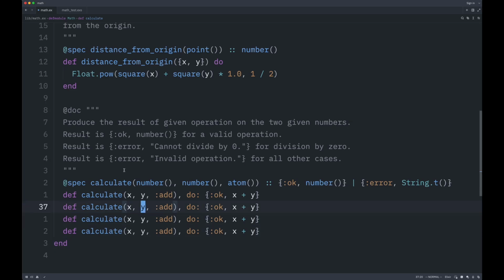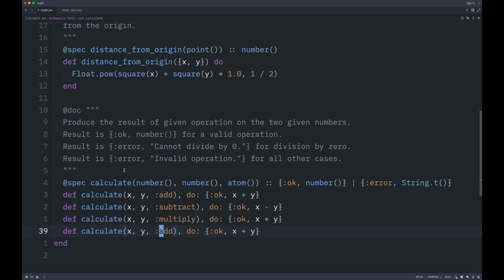And if this is subtract, then produce x minus y. And then if it is multiply, then produce x times y.